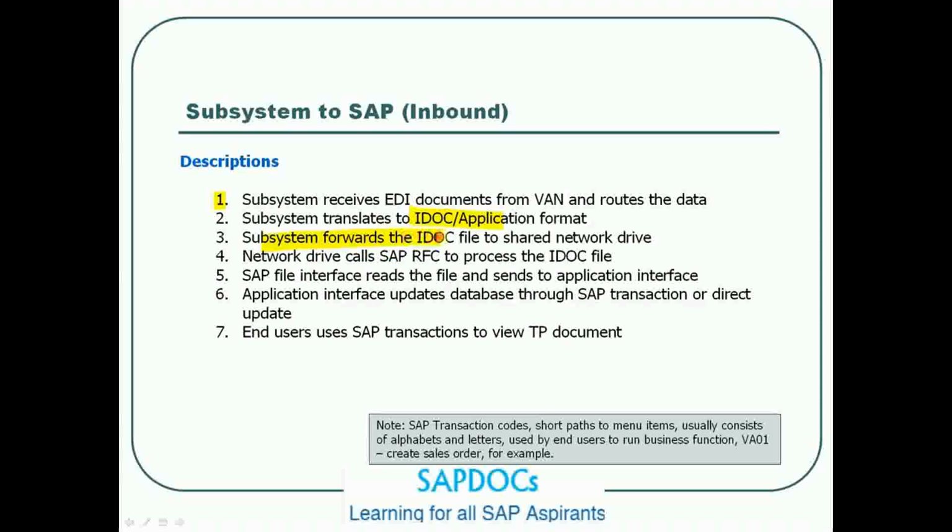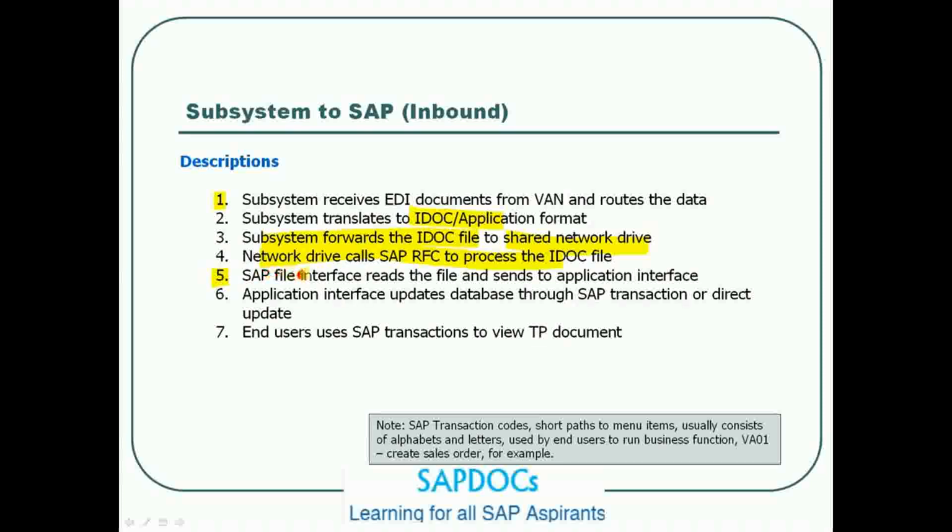Subsystem forwards the IDOC file to the shared network drive. Network drive calls SAP RFC to process the IDOC file. RFC stands for remote function call, and what it does is a script tells SAP, hey, you have an IDOC file, can you process it?